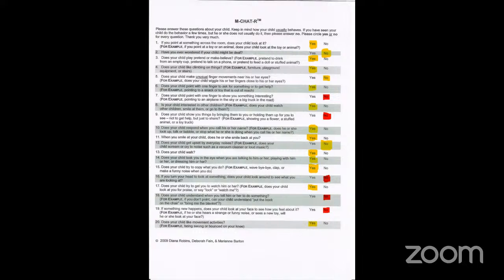So there is no question about how many words a child is speaking, which reiterates what we say, that autism is not a speech problem. It's a communication problem. So all these questions are geared towards non-verbal gestures, receptive language, play skills, and social interaction.